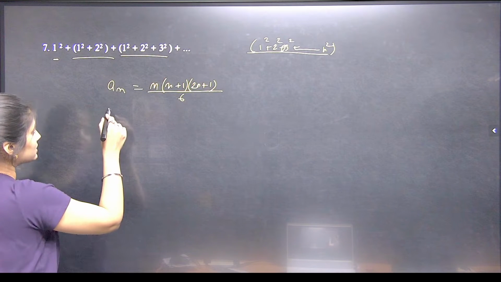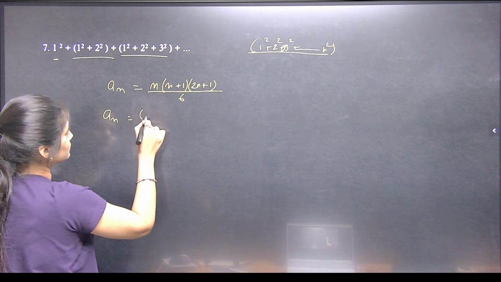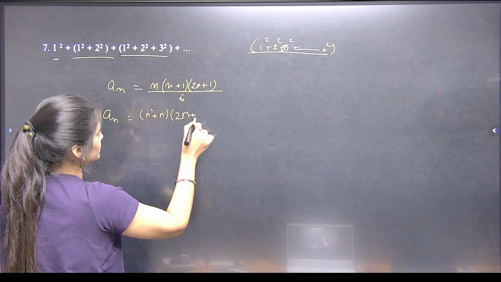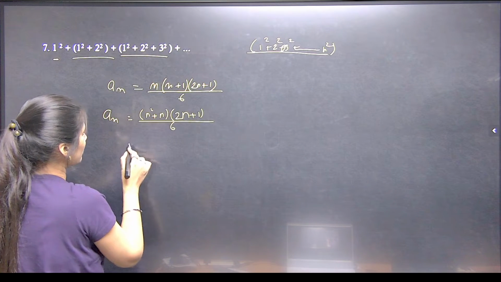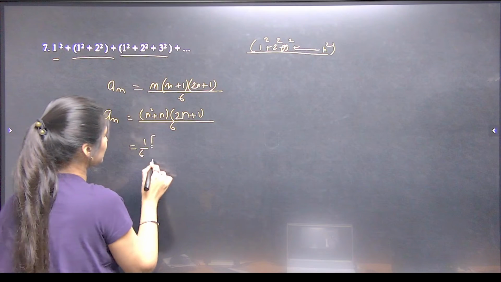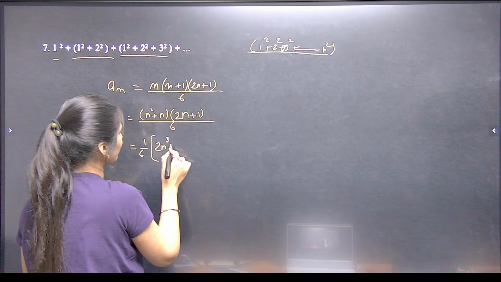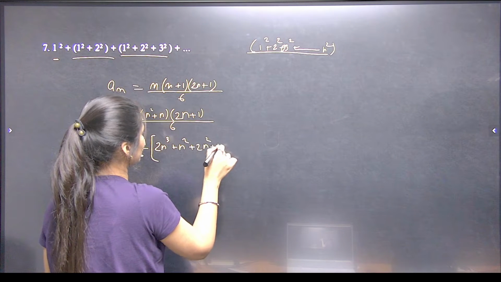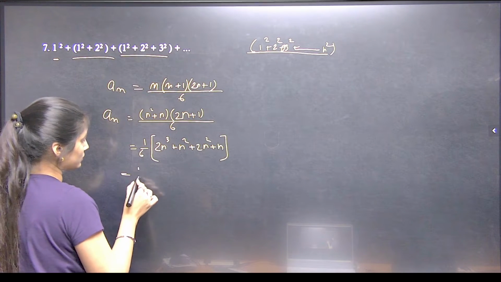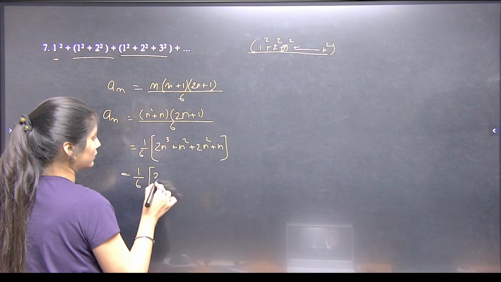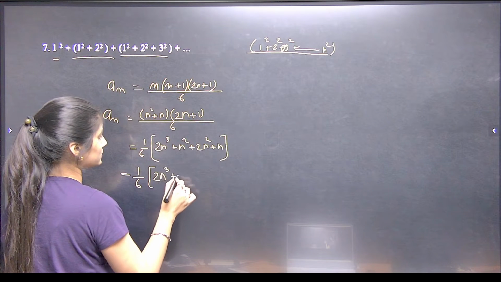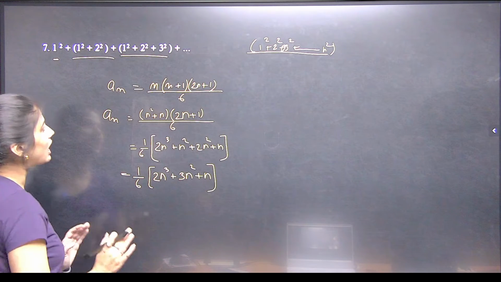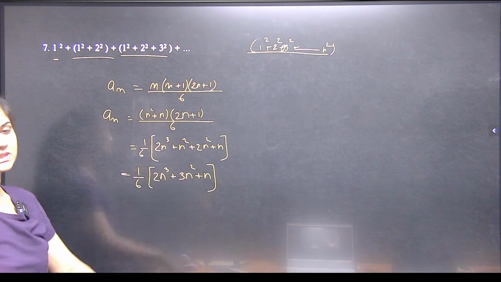So what is the nth term we have? n square plus n into 2n plus 1 by 6. So it is 1 by 6, 2n cube plus n square plus 2n square plus n. So it is 1 by 6, 2n cube plus 3n square plus n. So this is our nth term of the given series.